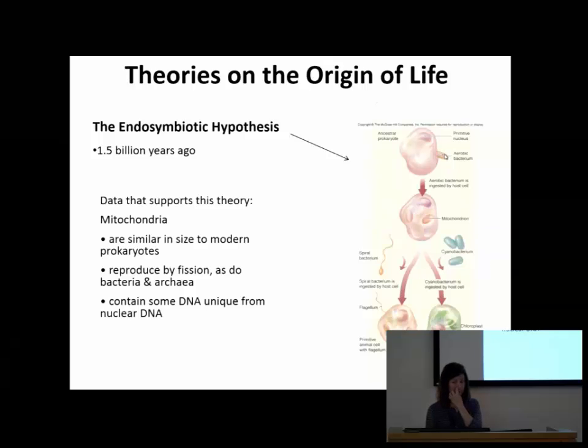They live in mutualistic symbiosis. Mutualistic, so that means it's good for both of them. Mutualistic symbiosis. And over time, that aerobic bacteria becomes mitochondria. And here I have the three things that support that.